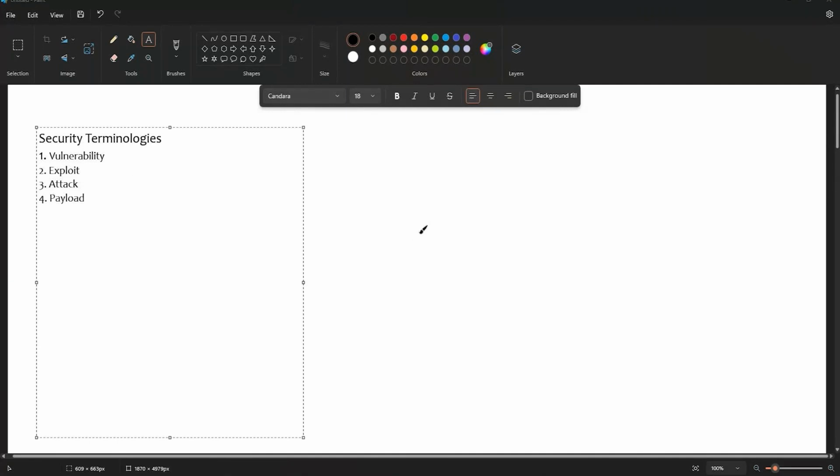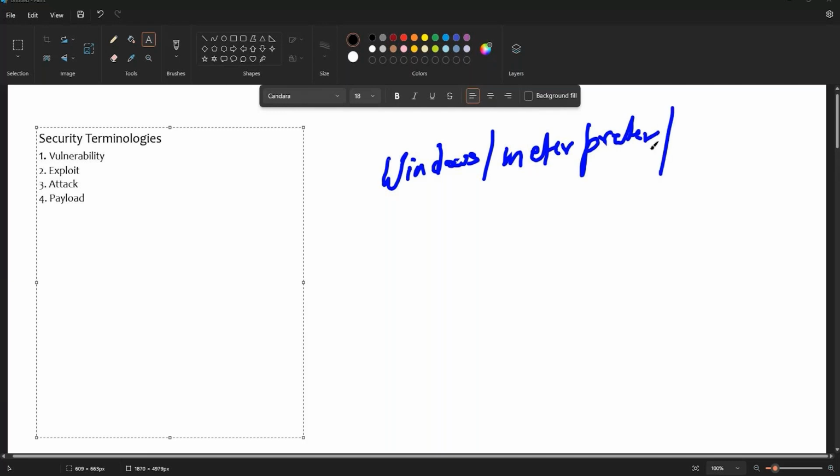Now let's say there is a payload with the name windows/meterpreter/reverse_tcp.